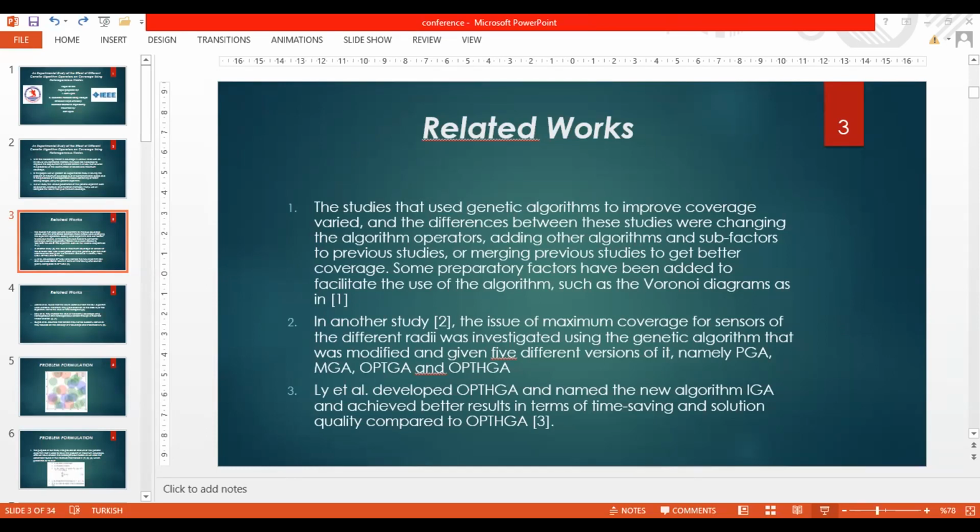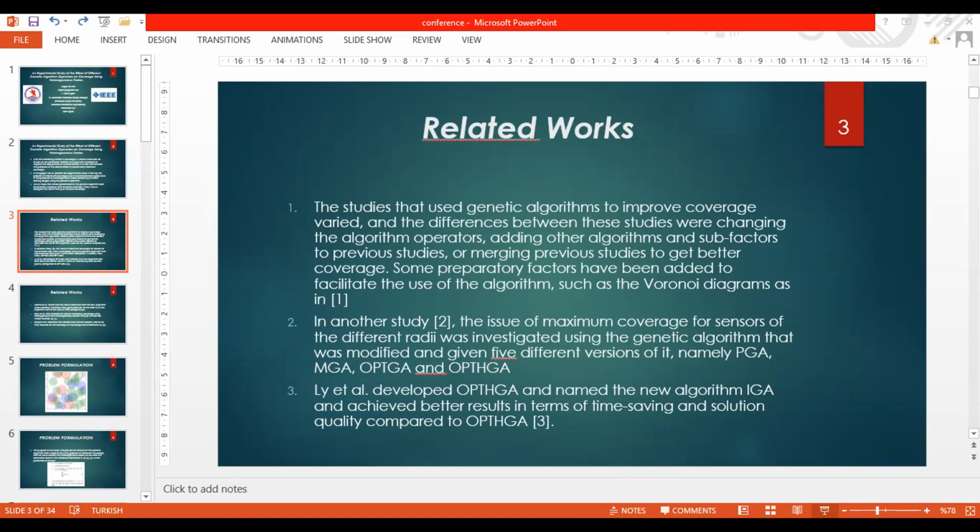With the increasing interest in coverage in various fields such as military or environmental matters, the need has increased to improve the deployment of wireless sensors in a way that ensures the presence of the least number of sensors and maximum coverage.